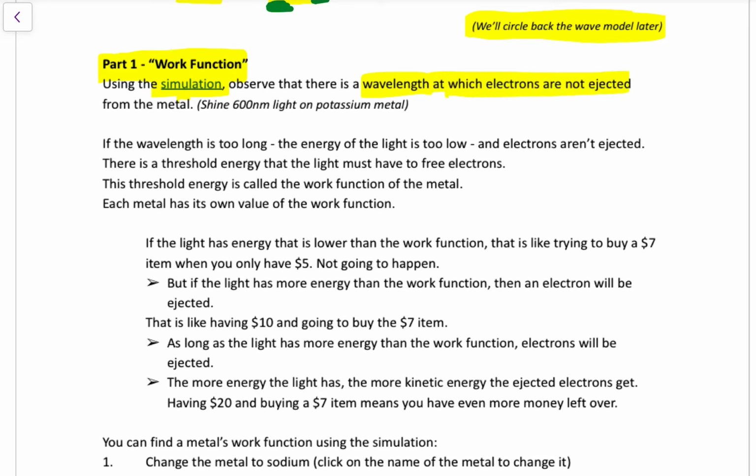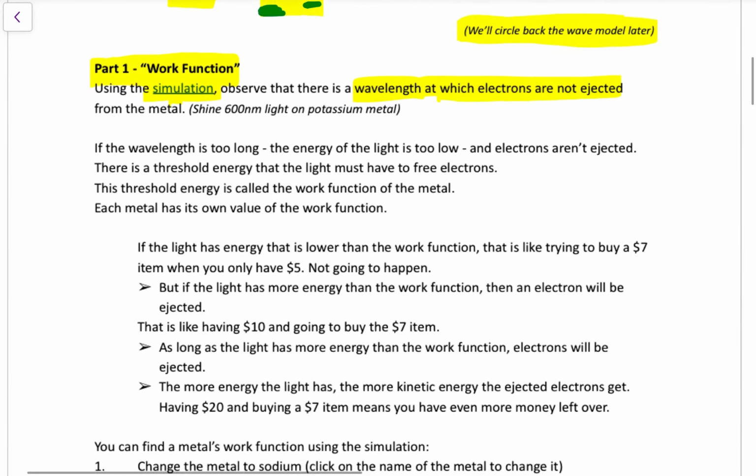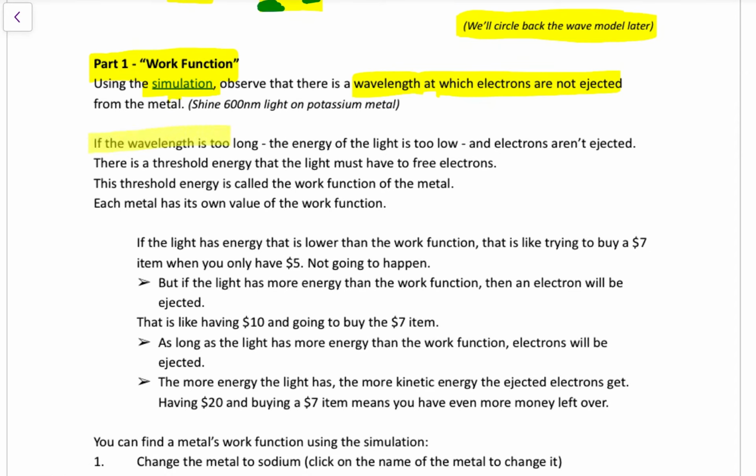And as you get to shorter and shorter wavelengths, eventually you'll get to a wavelength where electrons are ejected. Basically, from our equation E equals hc over lambda, a long wavelength has a low energy. It's an inverse relationship, so big wavelengths, small energies. If the wavelength is too long, then the energy is too low and electrons aren't ejected.